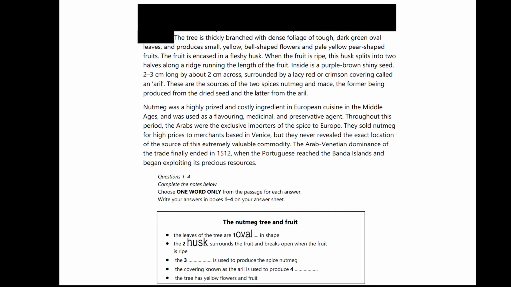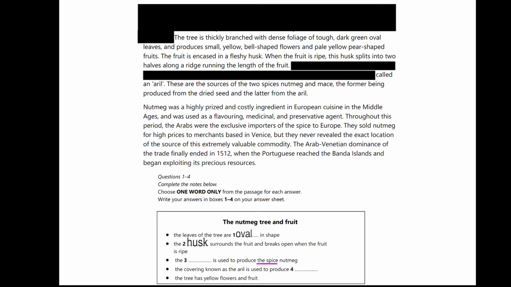Now, let's focus on question 3. Question 3 is no longer talking about the tree, but rather about spice. Let's go to the passage and see which part talks about spice. As we skim through the passage, we can see some irrelevant information here about size and color, so we shall skip this part quickly. As you can see, this part talks about both spices, nutmeg and mace, and their sources.